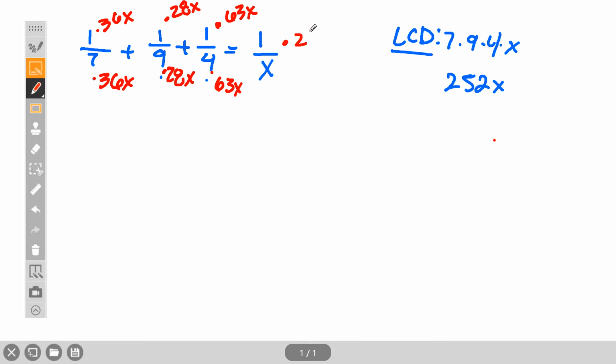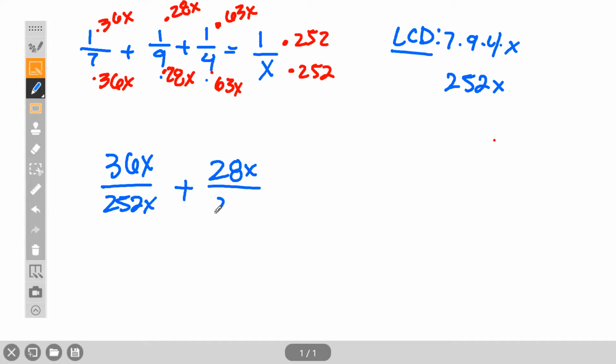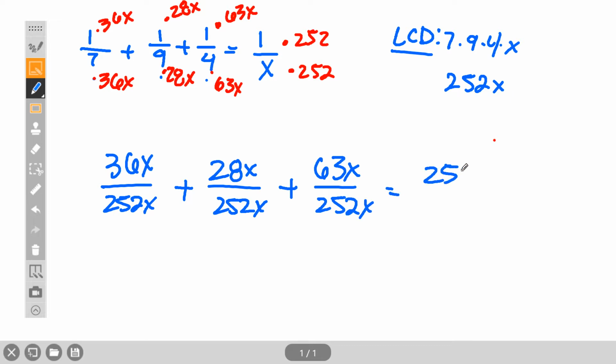And this one gets multiplied by 252. So 36x over 252x plus 28x over 252x plus 63x over 252x equals 252 over 252x.